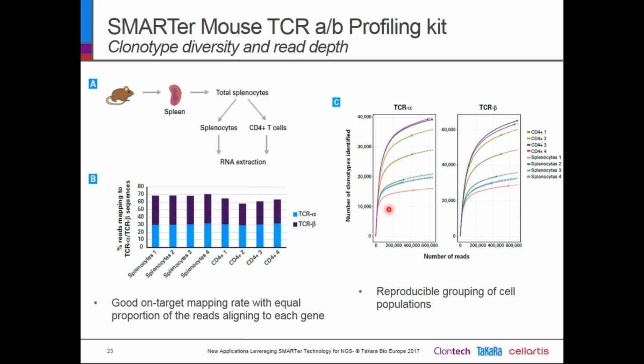If you take splenocytes, you reach saturation of the number of clonotypes identified around 300,000 reads, while with CD4 plus cells, which are much more diverse, you need to sequence deeper, up to 600,000 reads, to reach saturation. Of course, this can also vary depending on the sample type, and needs to be evaluated depending on your experiment.